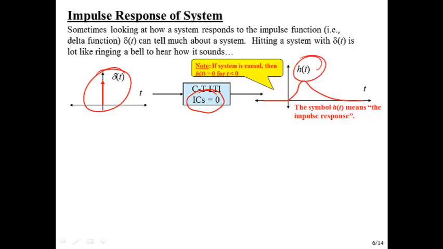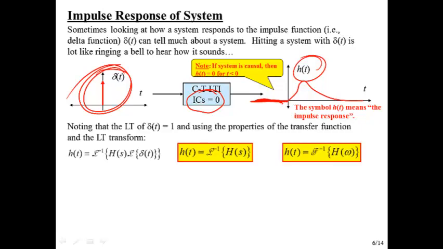We call that thing h of t. We reserve that symbol h of t for the output that comes out when we put in delta of t. And we also notice that if the system is causal, there's no way it can be anything but 0 here. So that's an easy way to check for causality. And we notice that the Laplace transform of delta of t is equal to 1. We can look that up on our table.